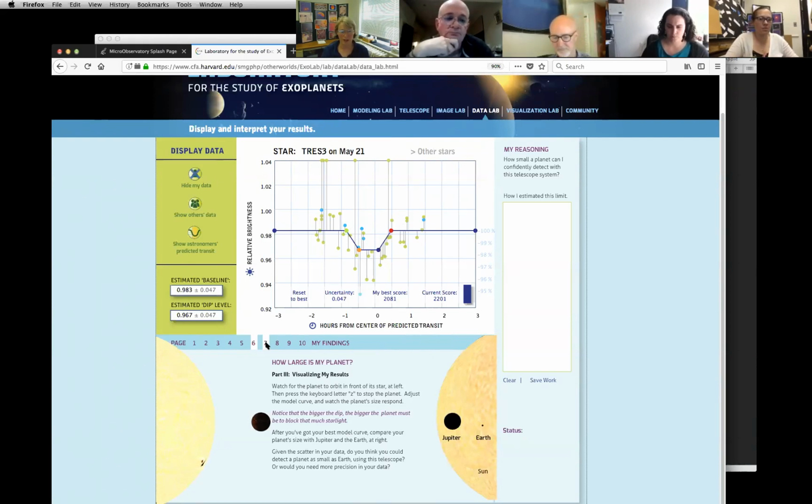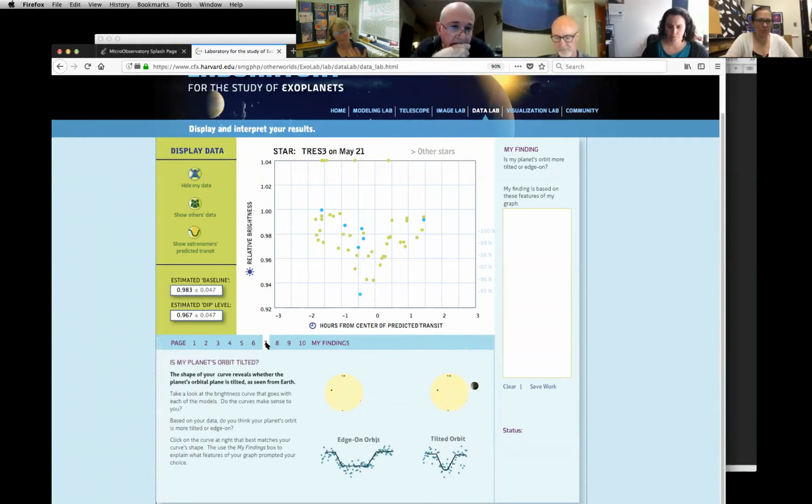Kaylee, yes. How to find the period from the transit duration. So this is on page 7. Oh, nope. There's yet another thing you can tell. You'll remember from our model, right, that in order to see a transit, you pretty much have to have a 90-degree orbit, right? 90 degrees to the axis of the star.